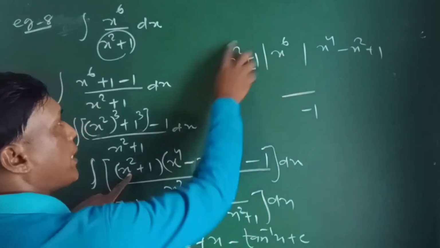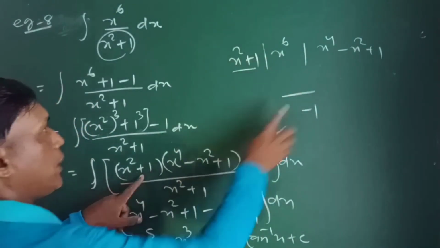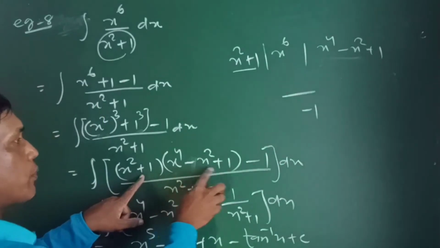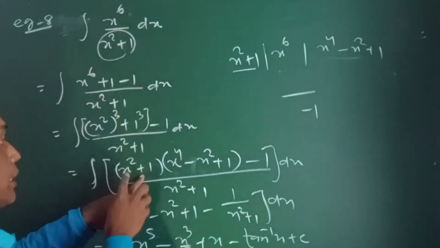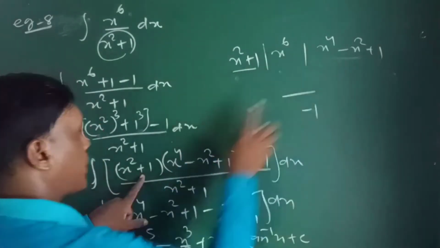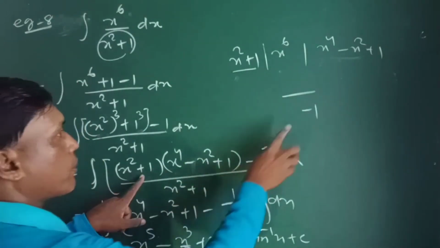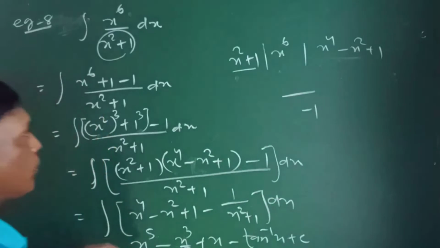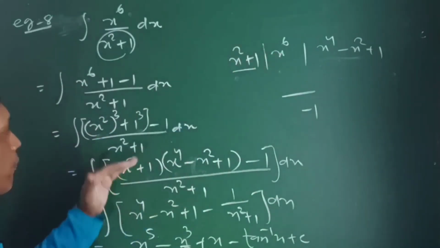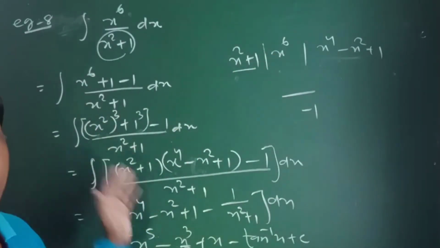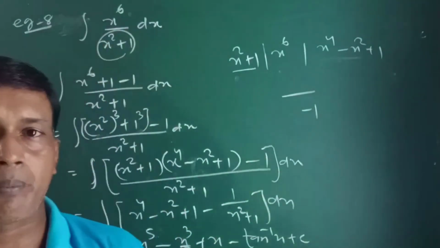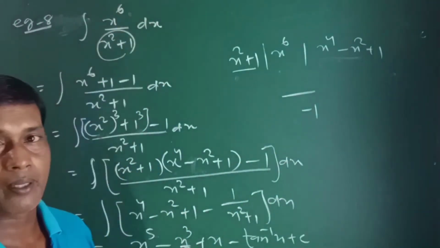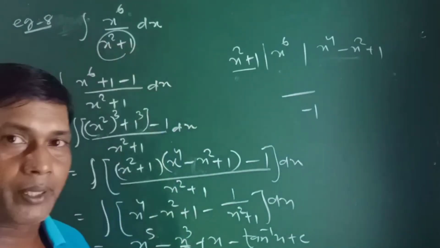So dividing, you can also factorize this term. These are the two tricks you can apply to find this type of problems where the degree of the numerator is greater than the degree of the denominator.